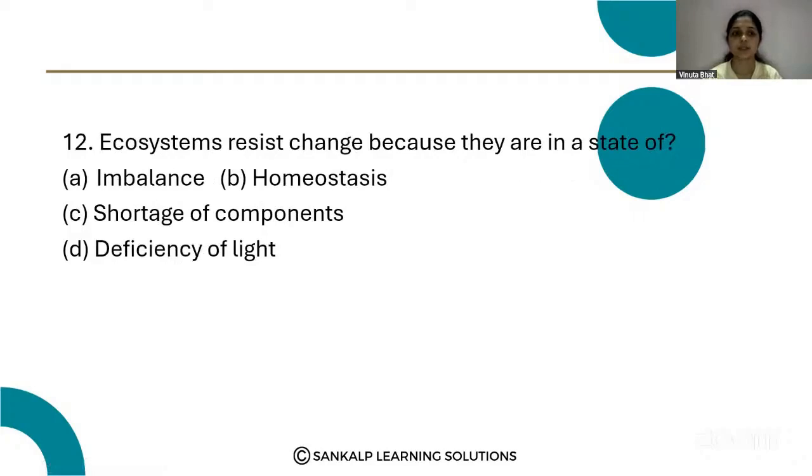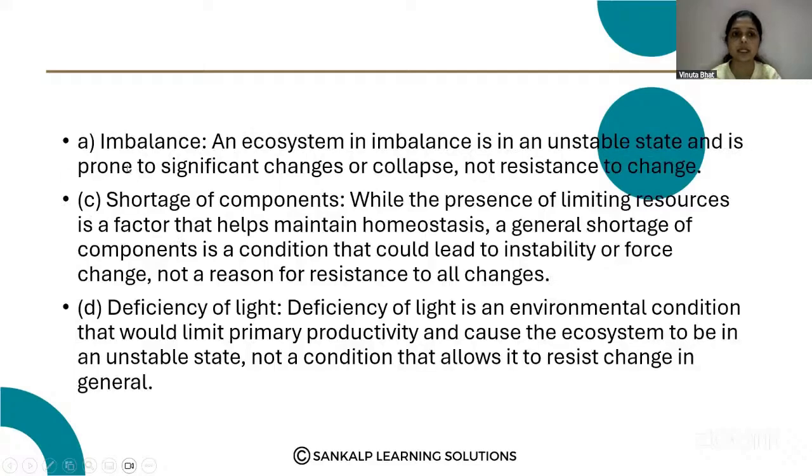Okay, question number 12. Ecosystems resist change because they are in a state of: option A, imbalance; option B, homeostasis; option C, shortage of components; option D, deficiency of light. So what is the reason behind an ecosystem resisting change? Because of homeostasis.